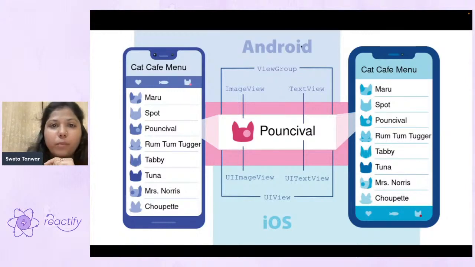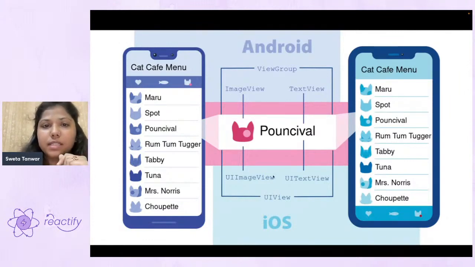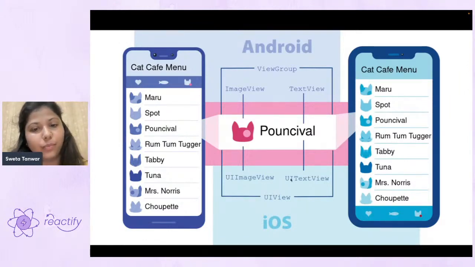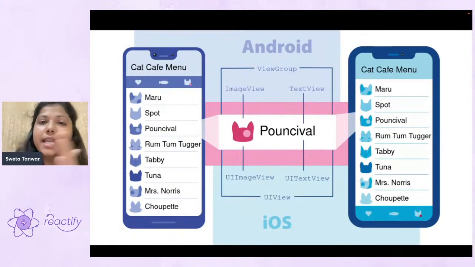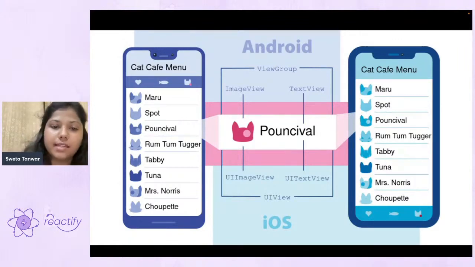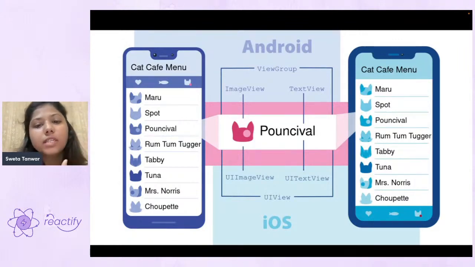Then we have the native components. Here, the ViewGroup and the UIView were the native components. This UIImageView is also a native component, and this UITextView too. So these are the platform backed components, which are explicitly written in the native language to be used in React Native. In Android development, you write views in Kotlin or Java.